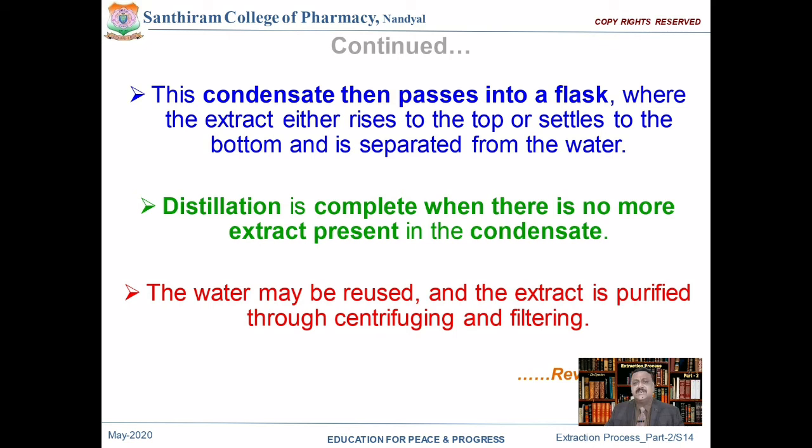The distillation is complete when there is no more extract present in the condensate, and the water may be reused. The water or solvent, whatever we are using, normally for steam distillation we use water as menstruum, and the water may be recycled or reused, and the extract is purified through centrifuging or filtration.